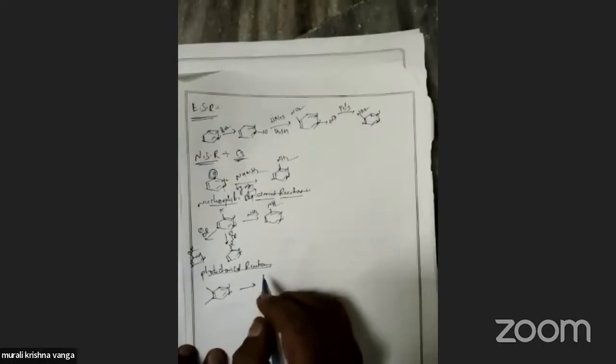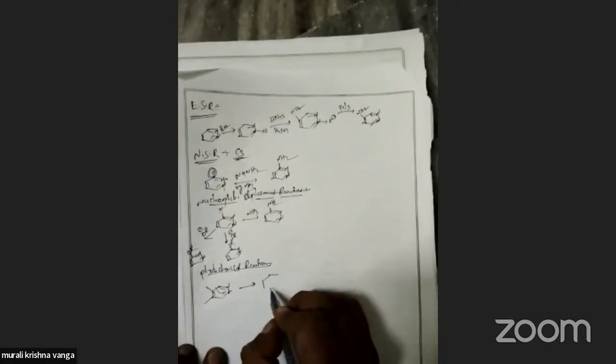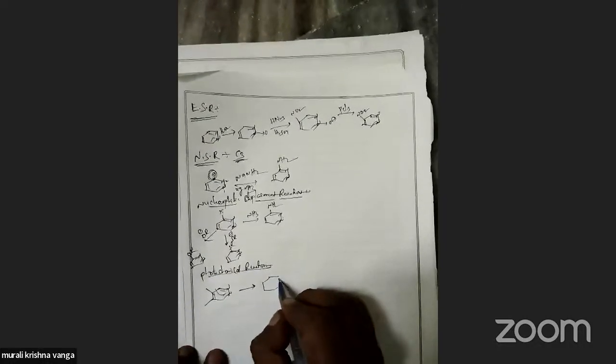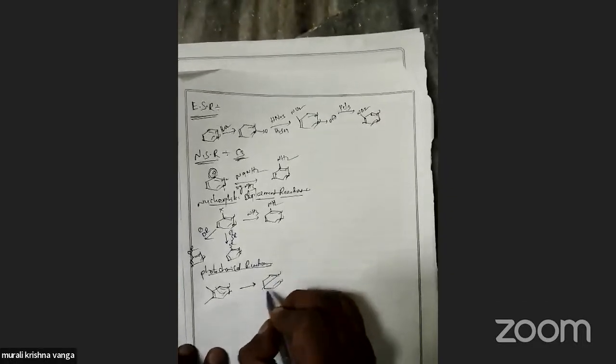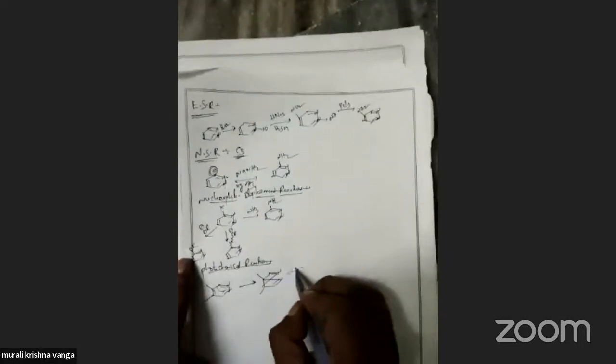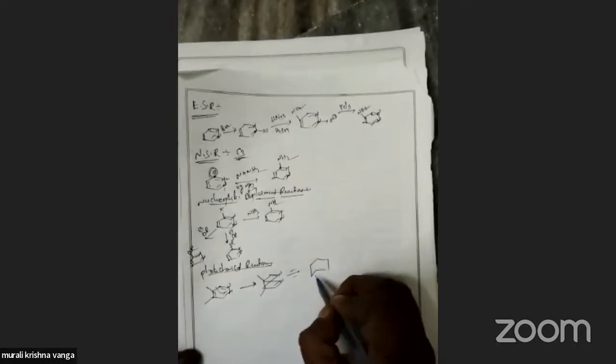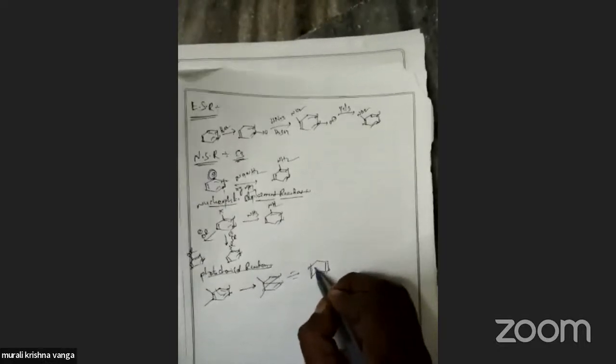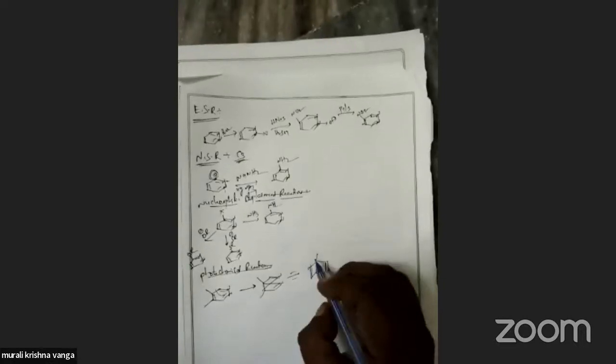Next, photochemical reaction. When substituted pyridazine undergoes a Diels-Alder cycloaddition reaction, it produces a compound which then undergoes a ring opening reaction.